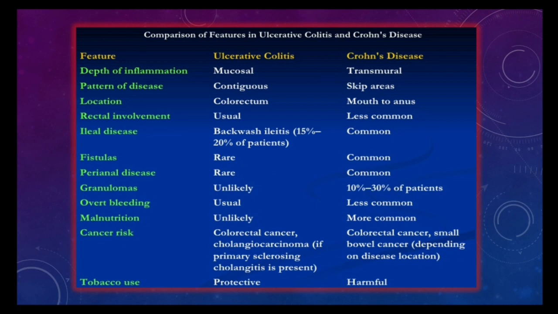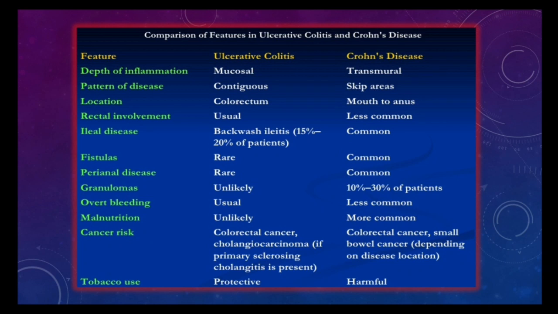The location in ulcerative colitis is the colorectum, and Crohn's can affect any segment of the GIT. Rectal involvement in ulcerative colitis is usual, and in Crohn's it is less common. Ileal disease in ulcerative colitis is backwash ileitis, in 15 to 20% of patients, and in Crohn's disease it is common.